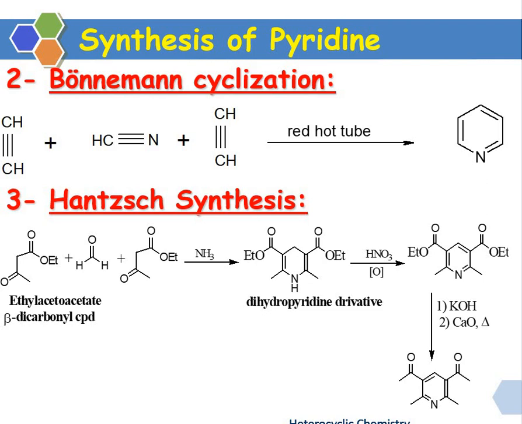It starts from methyl acetate, a beta carbonyl compound, and formaldehyde. A dihydropyridine derivative is obtained initially, then further undergoes reaction with nitric acid, and it gives this product, which further reacts with KOH and calcium oxide under heat conditions. Substituted pyridine is obtained.